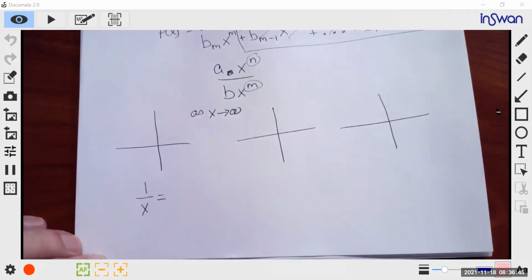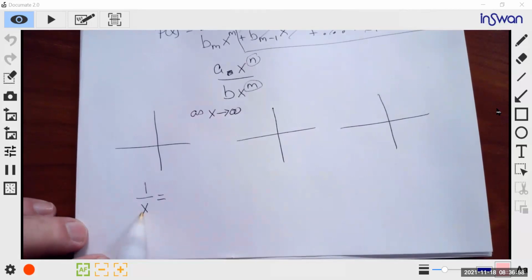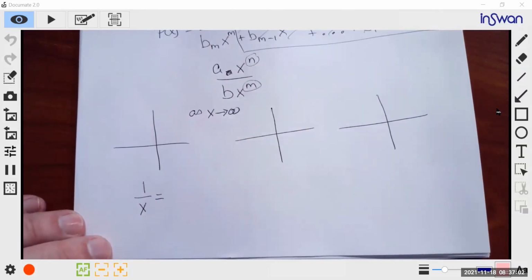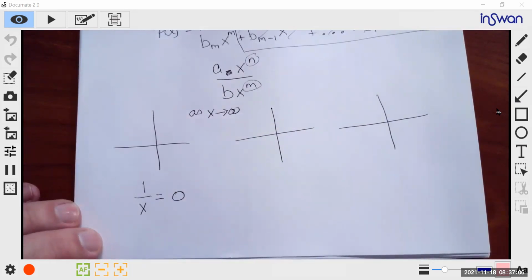What's happening to the number? As x gets bigger, as the bottom number gets bigger, what happens to the overall number? It gets smaller, eventually approaching 0.